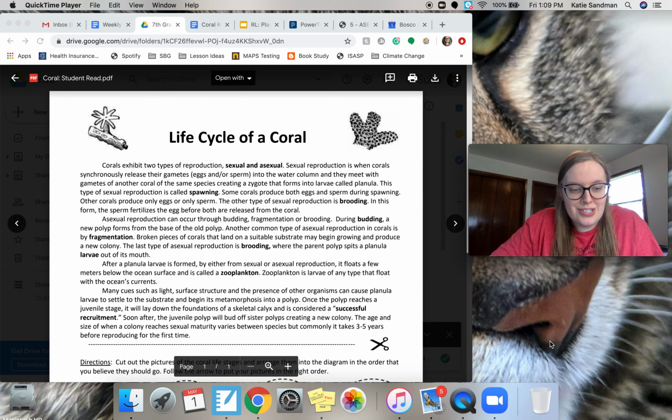Once the polyp reaches a juvenile stage, it will lay down the foundations of a skeletal calyx and is considered a successful recruitment. Soon after, the juvenile polyp will bud off sister polyps, creating a new colony. The age and size of when a colony reaches sexual maturity varies between species, but commonly it takes 3 to 5 years before reproducing for the first time.